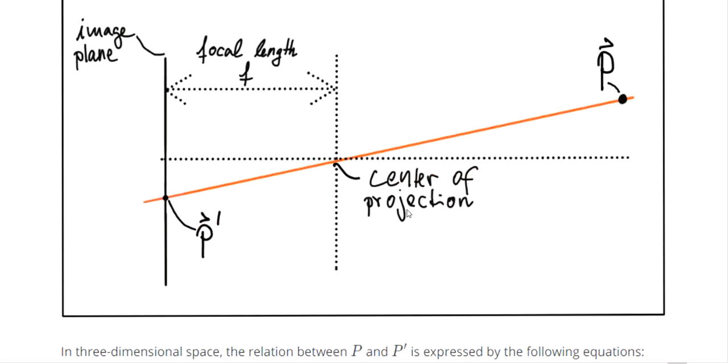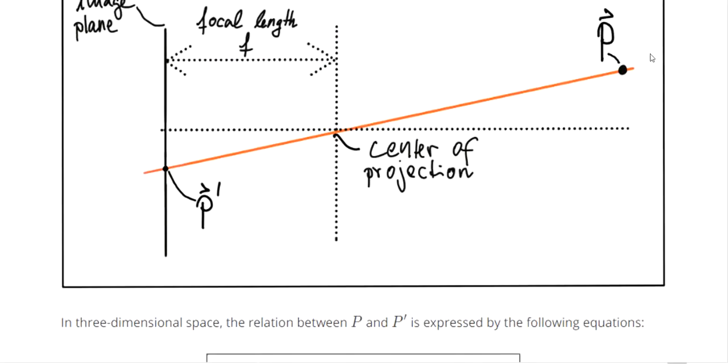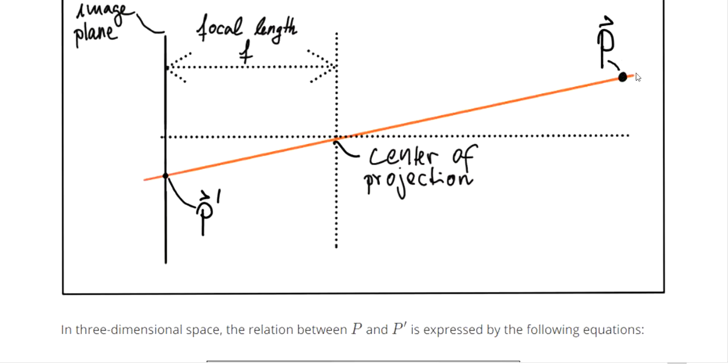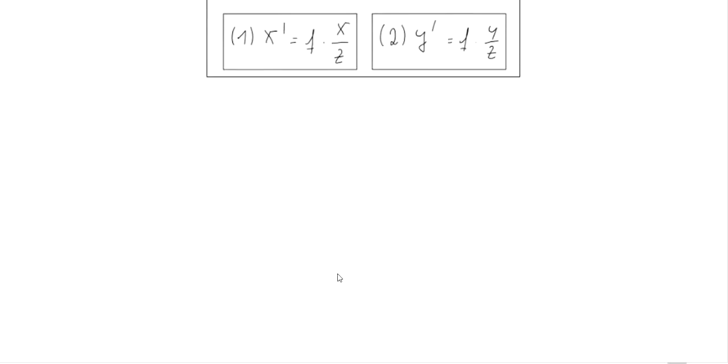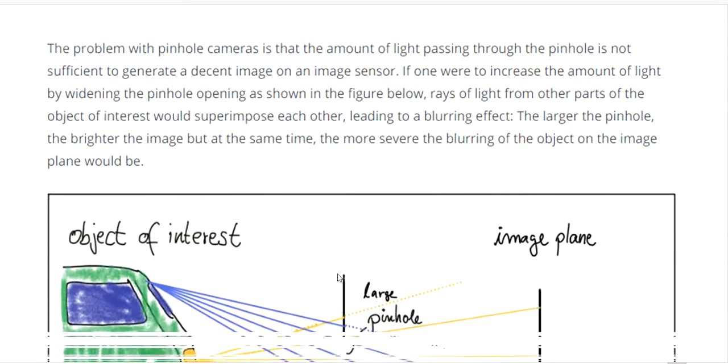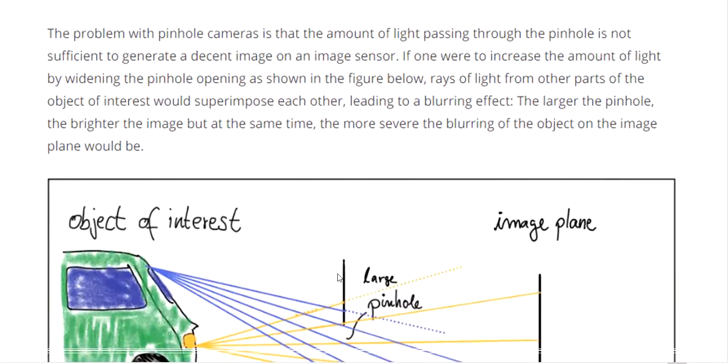Okay, the center of projection right here, the image plane, the focal length f right here. So the formula relates the point P in space to the point P prime on the image plane, the formula right here.